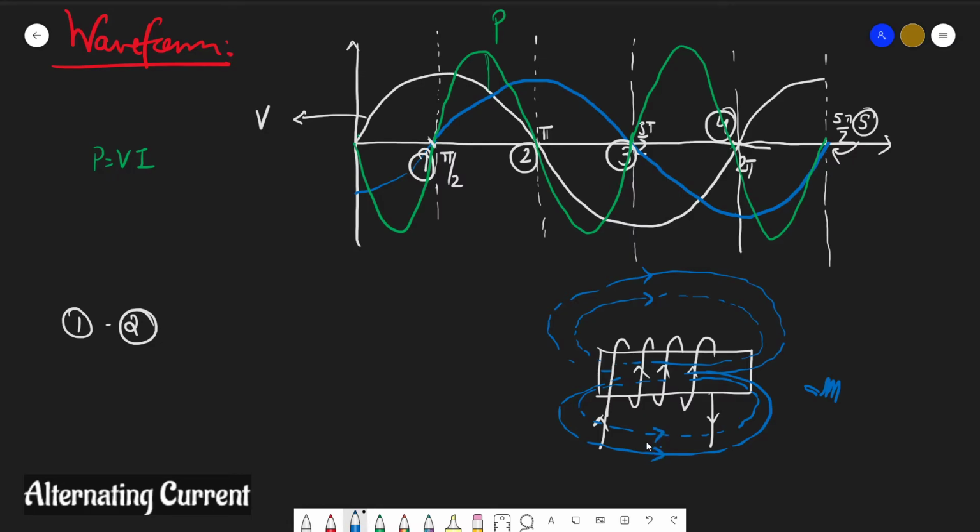Suppose. Okay, anyway, we need to understand that here, let's see from 1 to 2 position, in between 1 to 2 interval, current is increasing. That is, the slope is increasing, the current is increasing. Positive di by dt, voltage is positive, current is positive. First of all, power is positive. Power positive means power is absorbed.